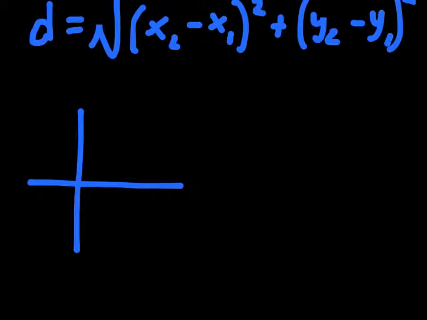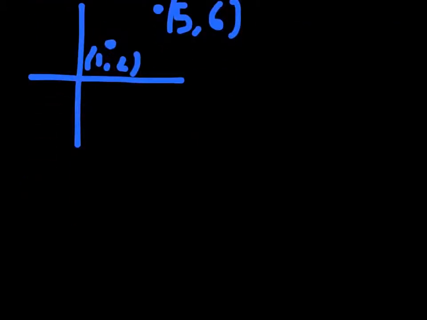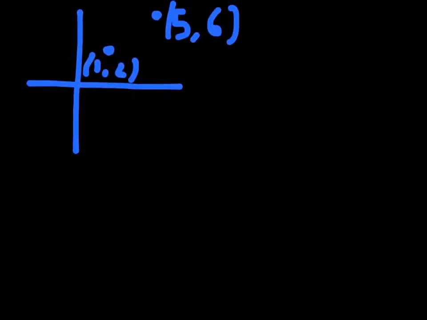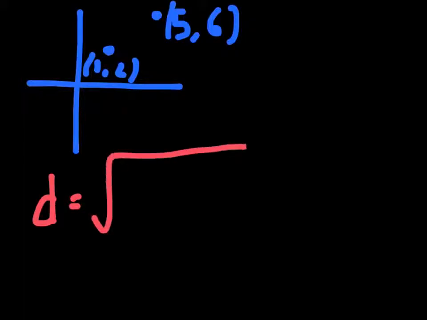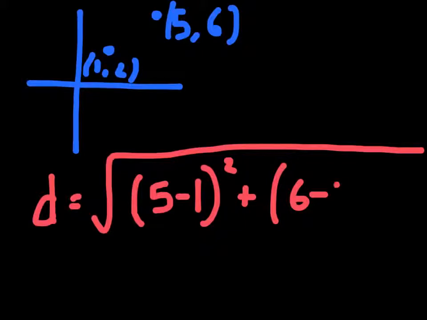Alright, now let's do an example. So let's say we have (1, 2) and (5, 6). And we want to know the distance between them. What we would do is use our equation. Distance is equal to the square root of (5 minus 1) squared plus (6 minus 2) squared.